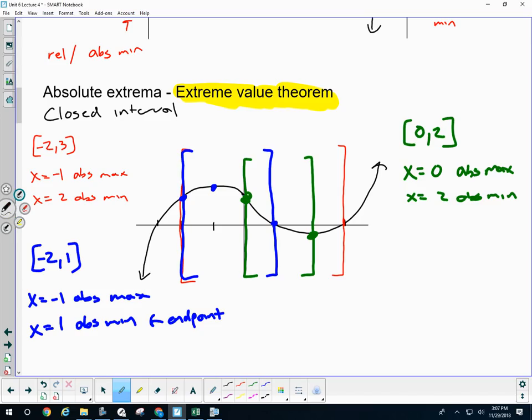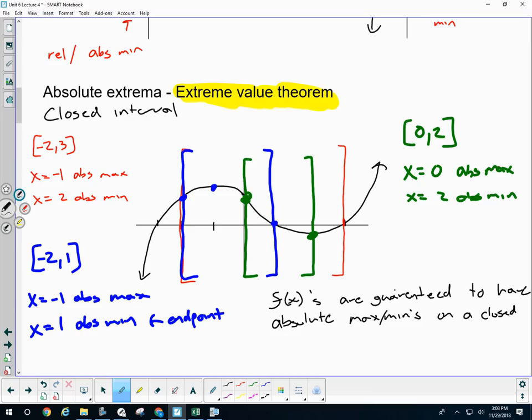The extreme value theorem states that functions are guaranteed to have absolute maxes and mins on a closed interval. Where are those possible locations of maxes and mins?